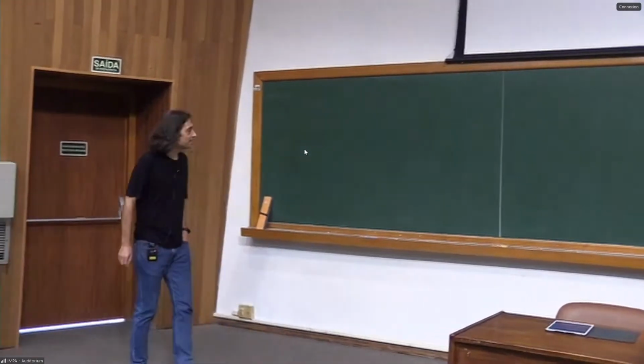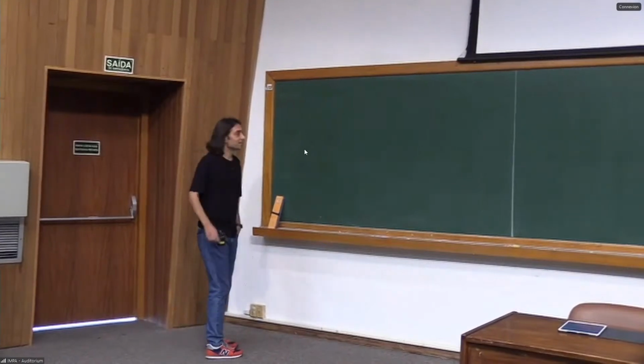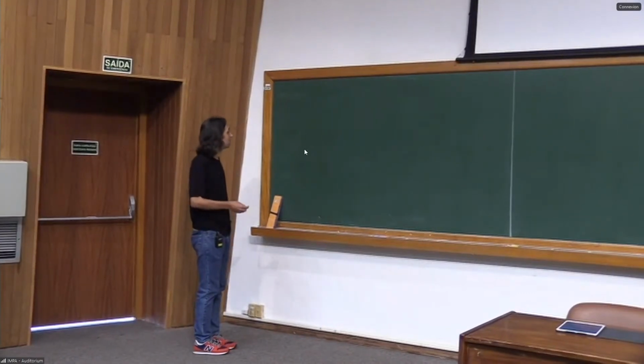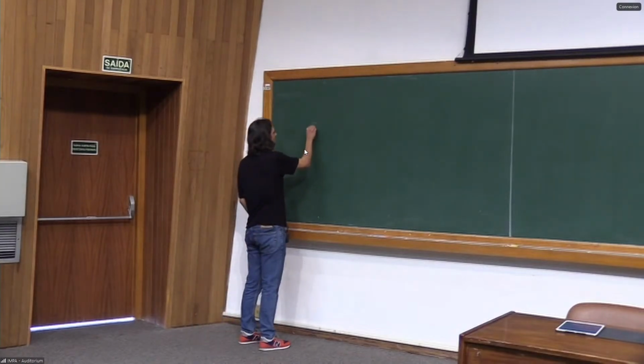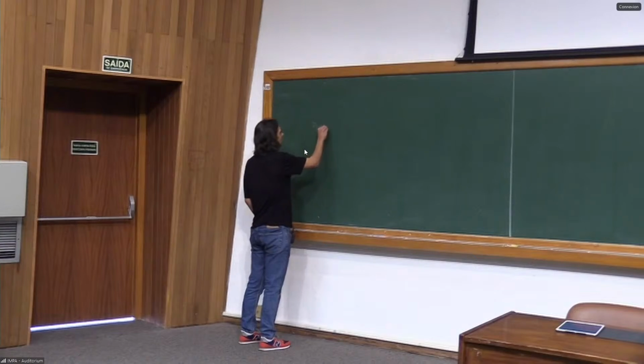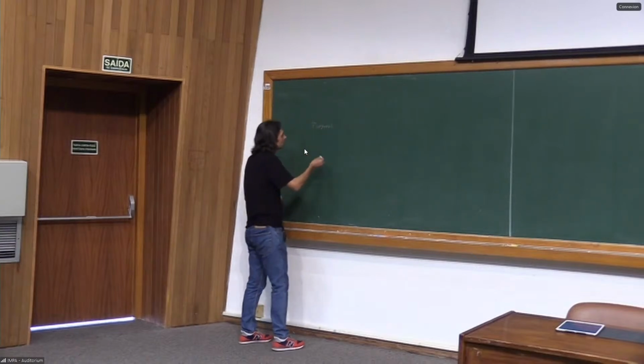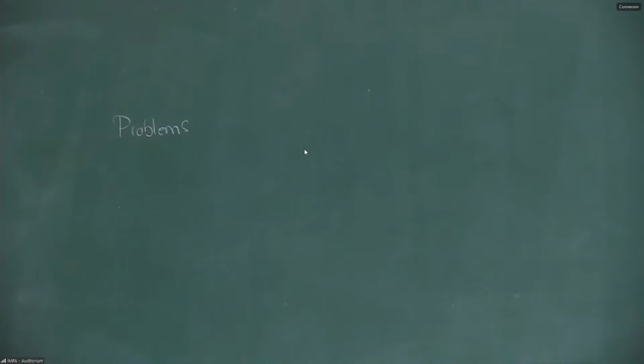Something that I realized yesterday after the talk is that I didn't explain very much why this is connected to foliation theory. There are problems in foliation theory in which you have naturally local diffeomorphisms.